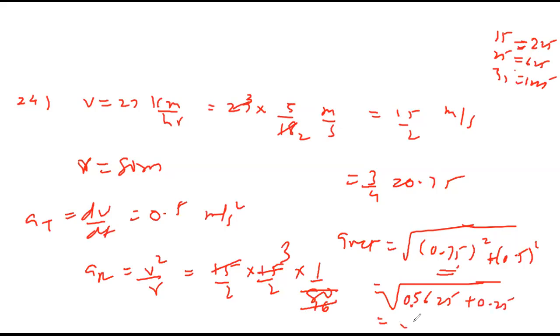So this will become 0.8125, approximately. So close to 0.86, because 0.9 square is 0.81. So 0.86 is correct.